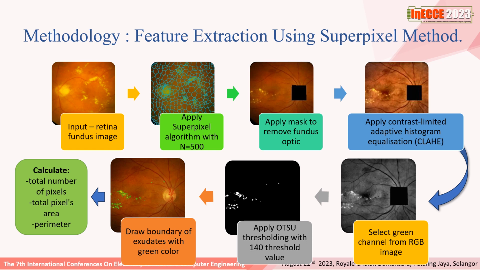Next, select the green channel from the RGB image and apply Otsu thresholding with a 140 threshold value. Then we draw the boundary of exudate with green color and then calculate the total number of pixels, which is the total pixels area, and also the perimeter.